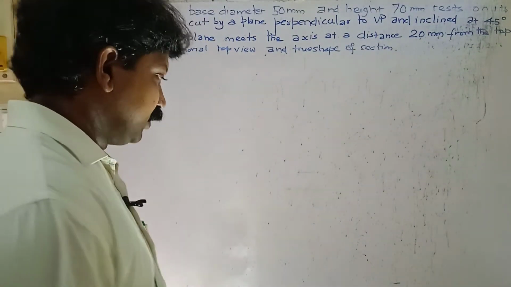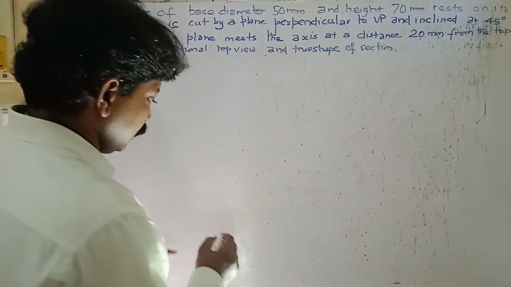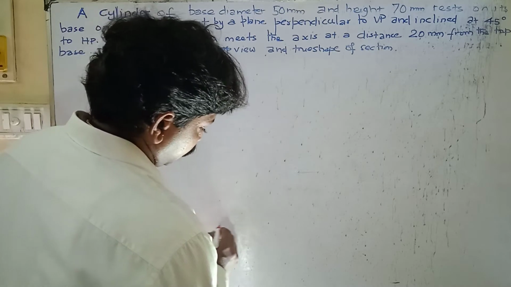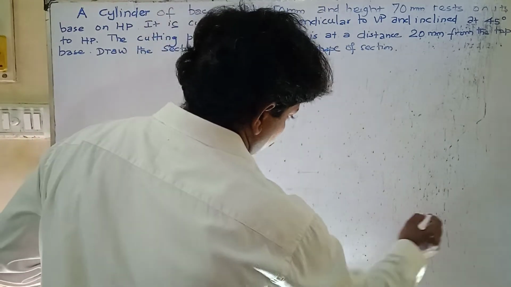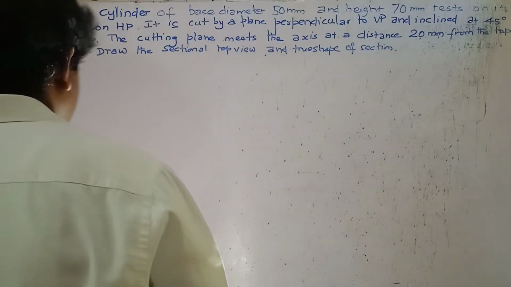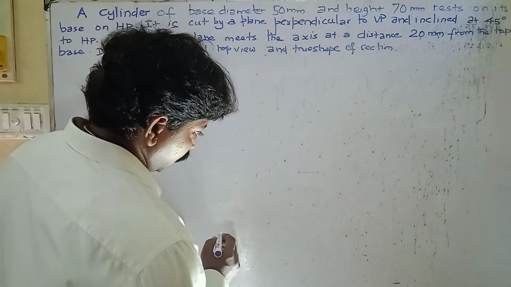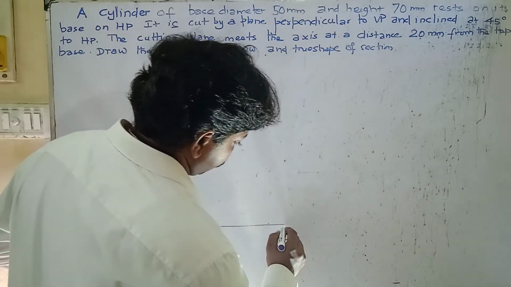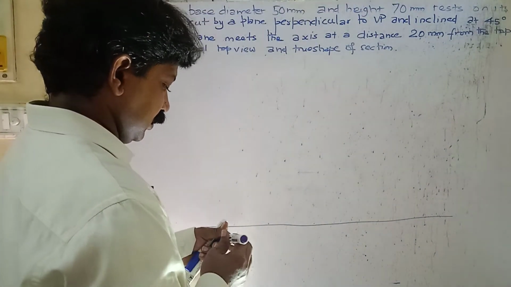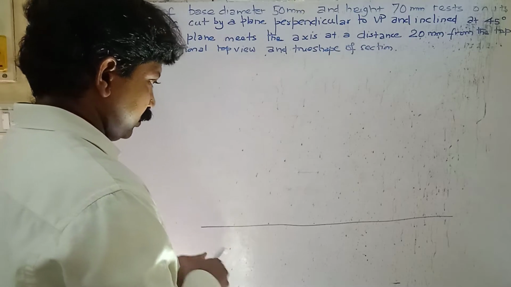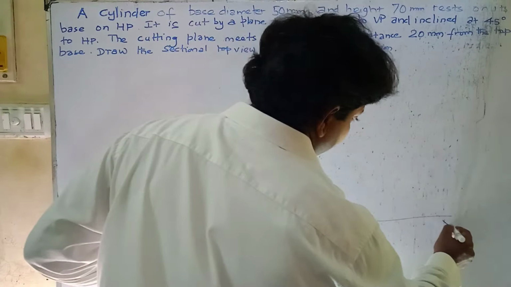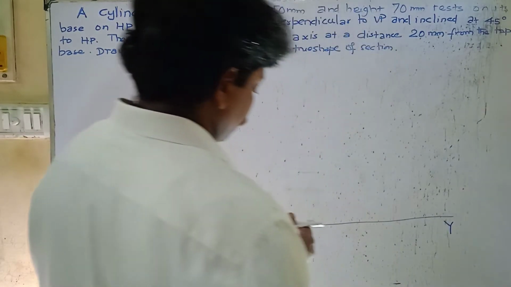Draw the XY axis line using 2H pencil. And next draw the top view.